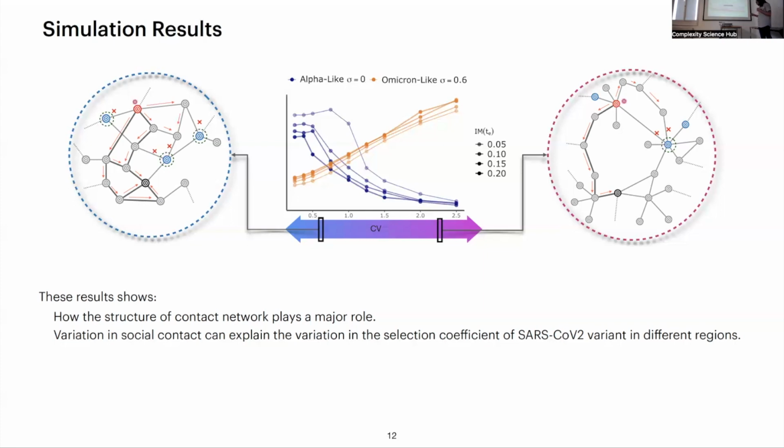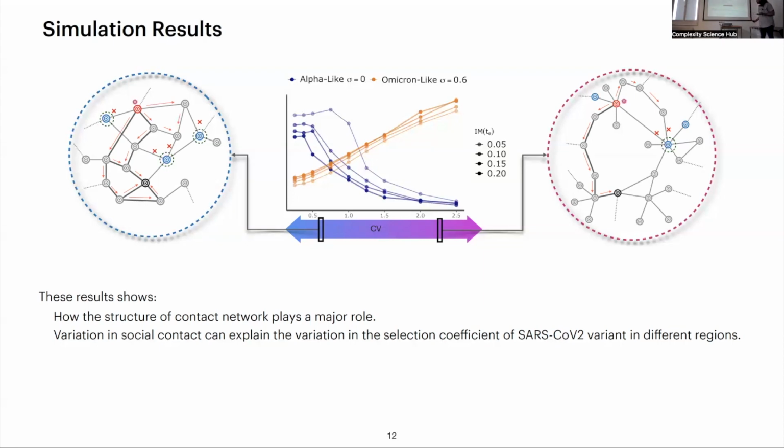This means that if a new variant has the ability of immunity evasion, it has the ability to infect the hubs, so the new variant can use the hubs to spread. So heterogeneity favors a variant with immunity evasion.